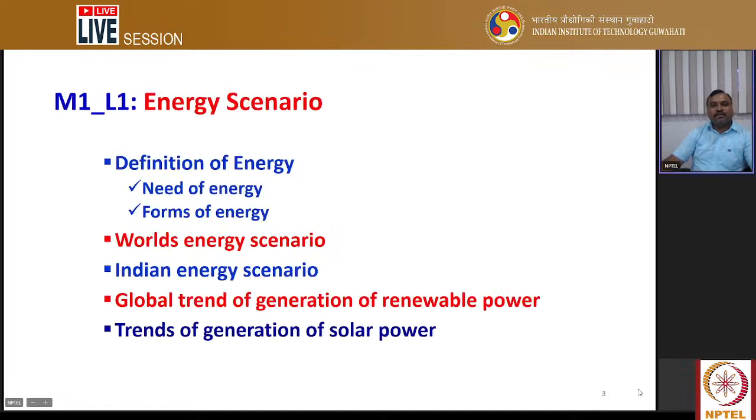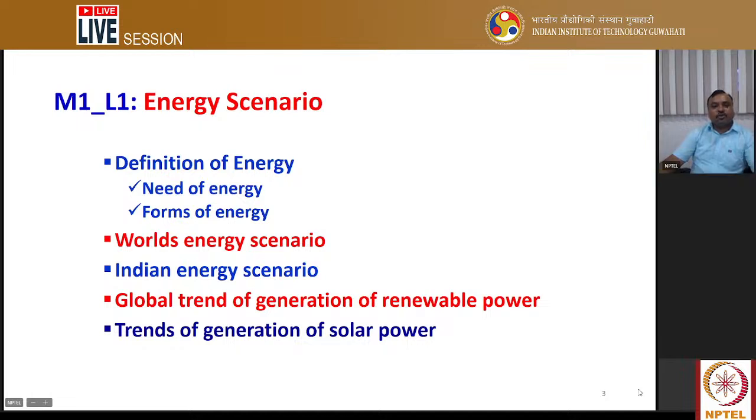So in lecture 1, under module 1, we have discussed the energy scenarios. Under the energy scenarios, we have defined the different forms of energy and what is the need of energy.